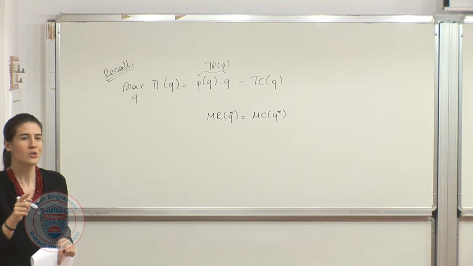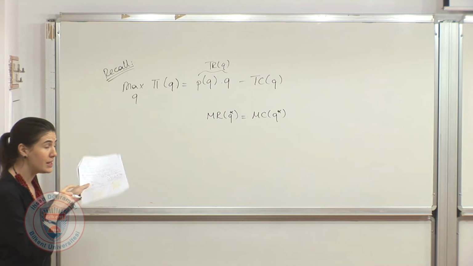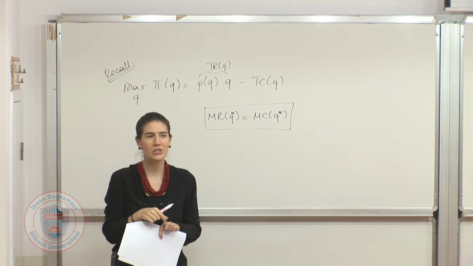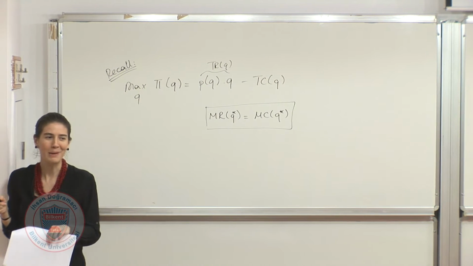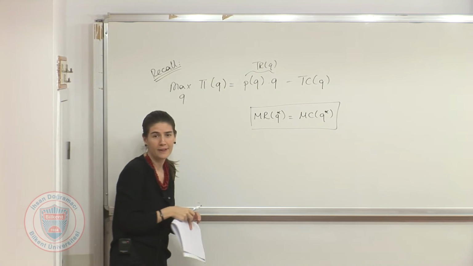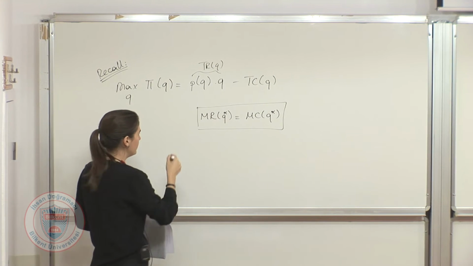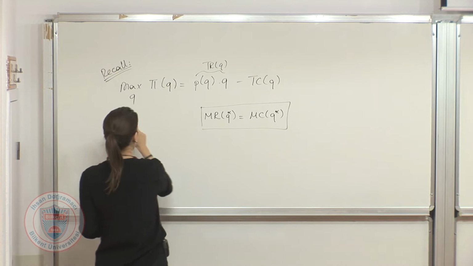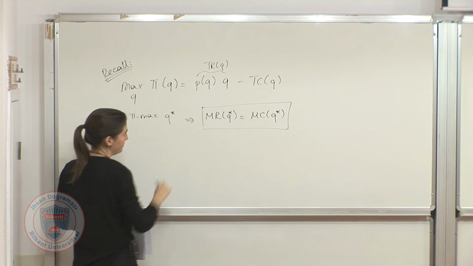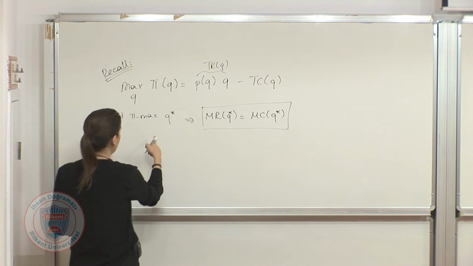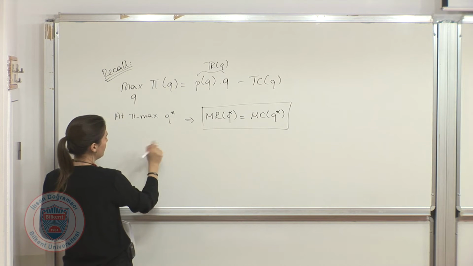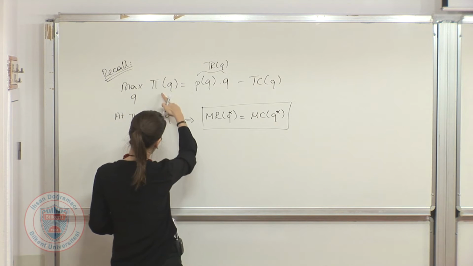But this is not enough, right? This could well be the condition for the minimum profit as well. So we said that we should check the second derivative. At the profit maximizing Q star, this was the condition, and we should check the second order condition as well.